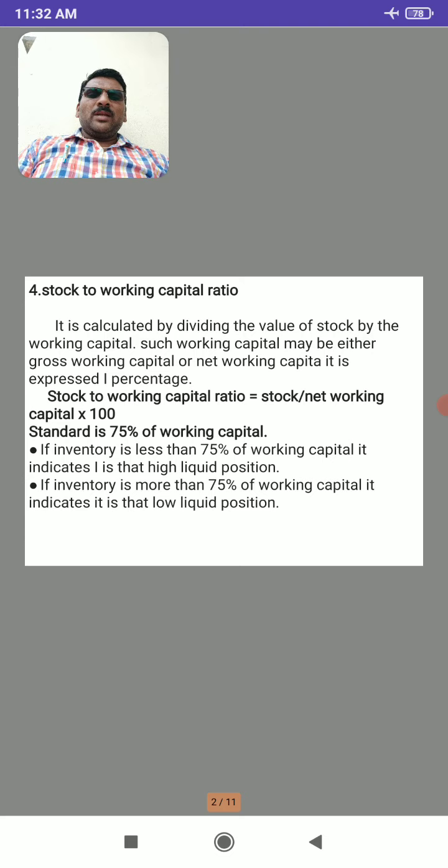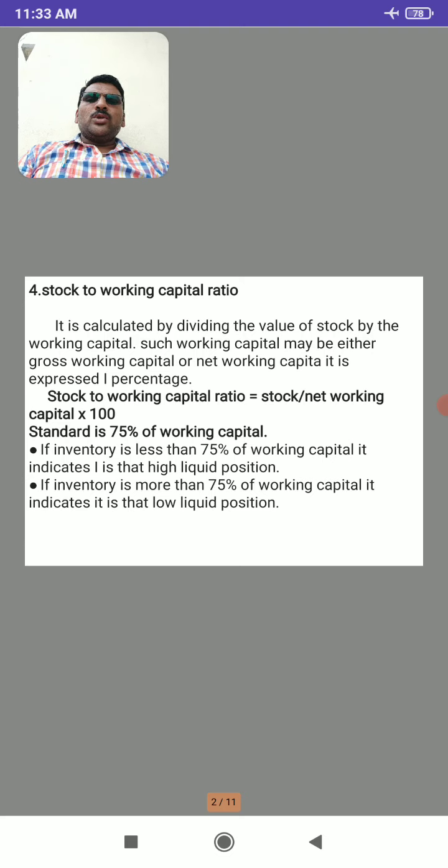So the stock to working capital ratio is shown in percentage. What do we mean by stock to working capital ratio? It is calculated by dividing the value of stock by the working capital. Such working capital may be either gross working capital or net working capital. It is expressed in percentage.